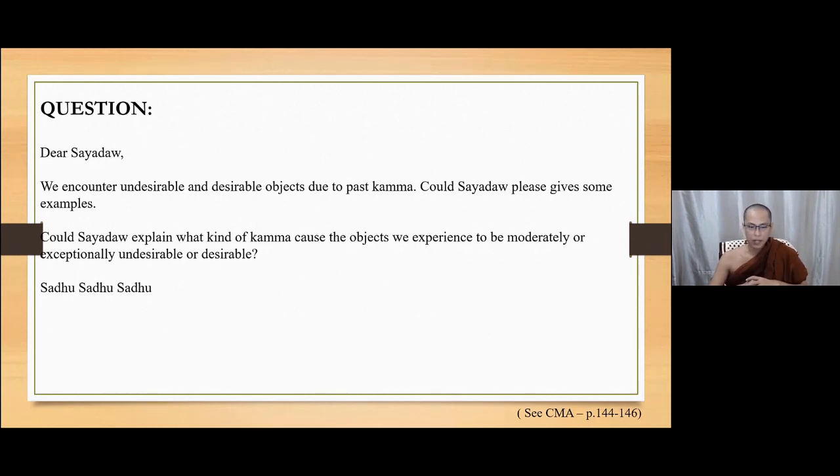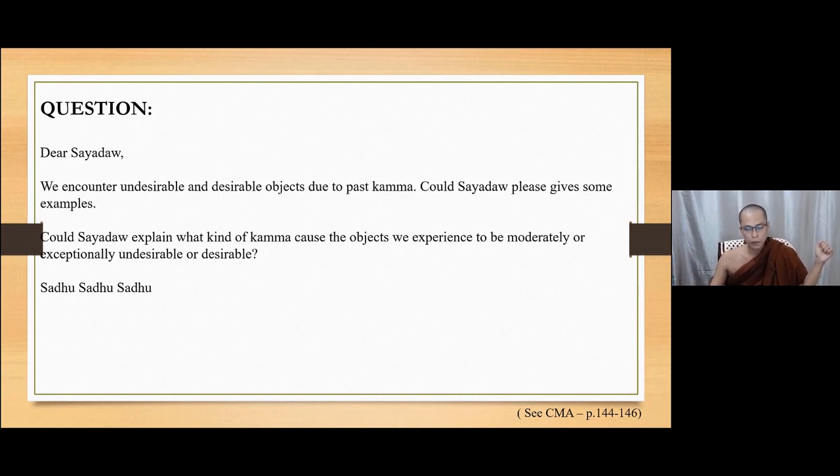That type of karma is called the karma which can produce exceptionally desirable objects. And the other karma can just produce normal, enjoyable objects. They are called the karma which can produce moderately desirable objects. So this is the only way we can identify.